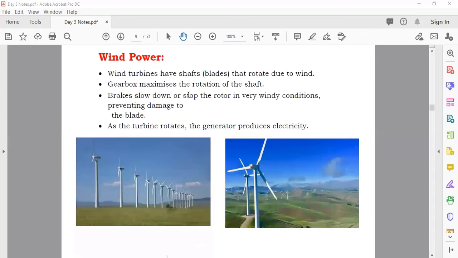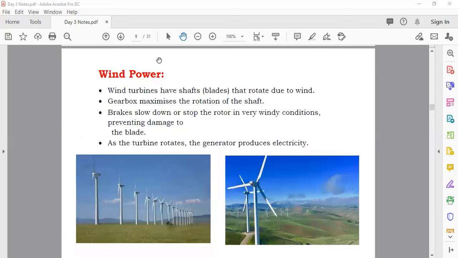Yes. Okay. Now wind power. Wind power is again quite simple. The energy from the wind is used to produce electricity. These are the windmills. They are known as windmills or wind turbines. Both words are used. Okay. So here wind comes on these big blades, and they move.